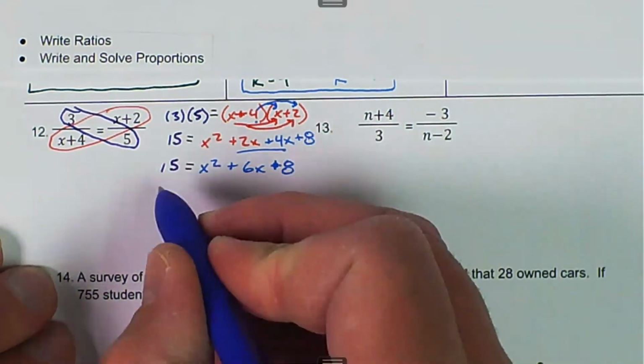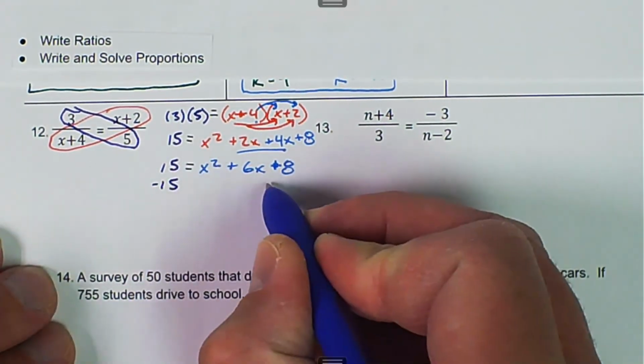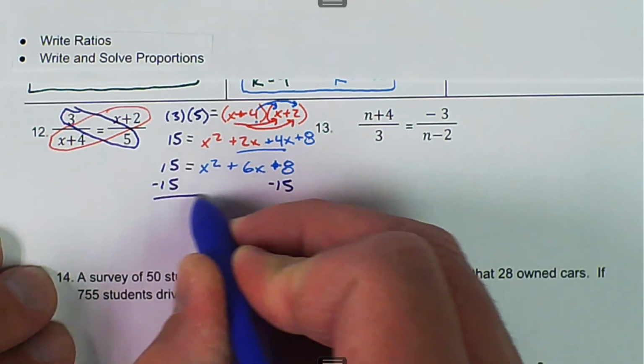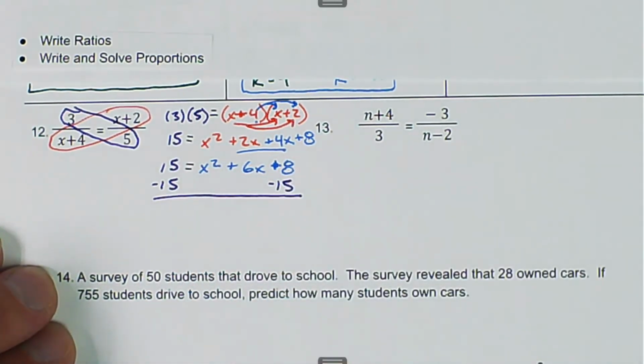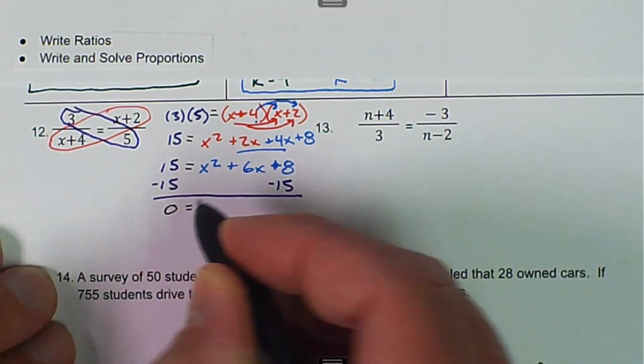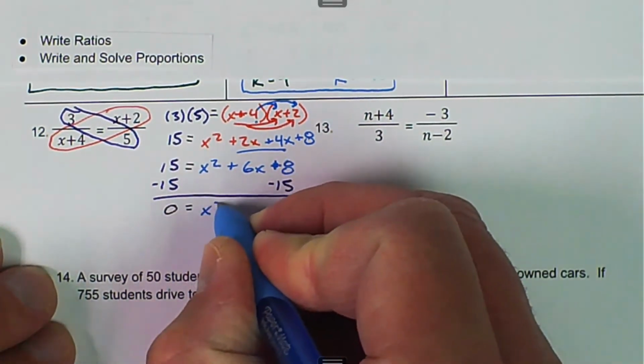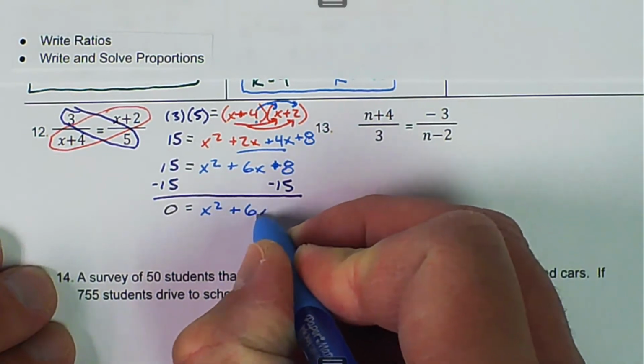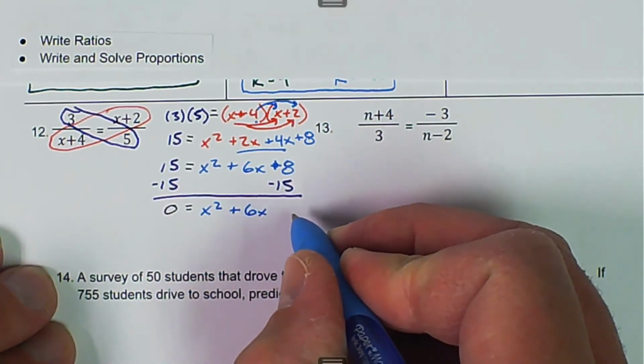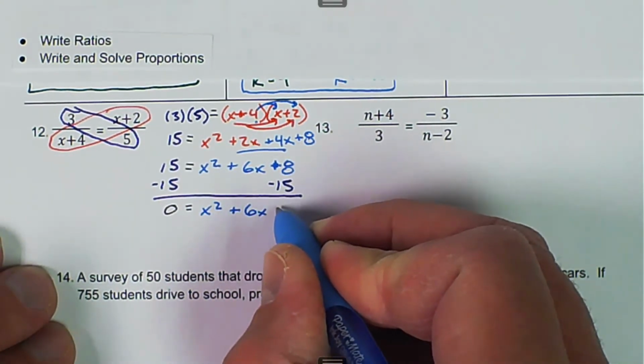We need to get 0 on one side, so we're going to subtract 15. And on the left side, we get 0. And on the right side, we get x squared plus 6x minus 7.